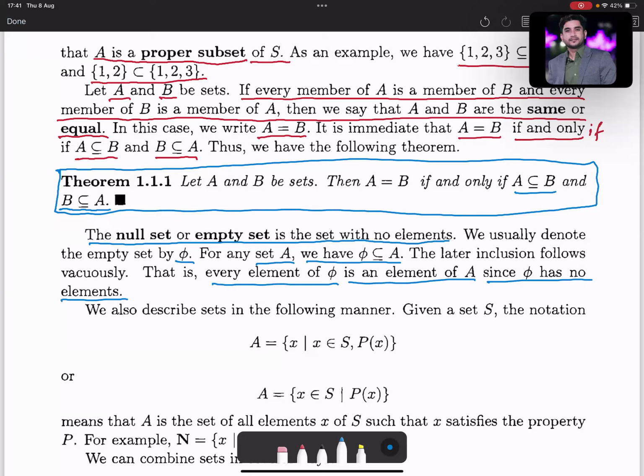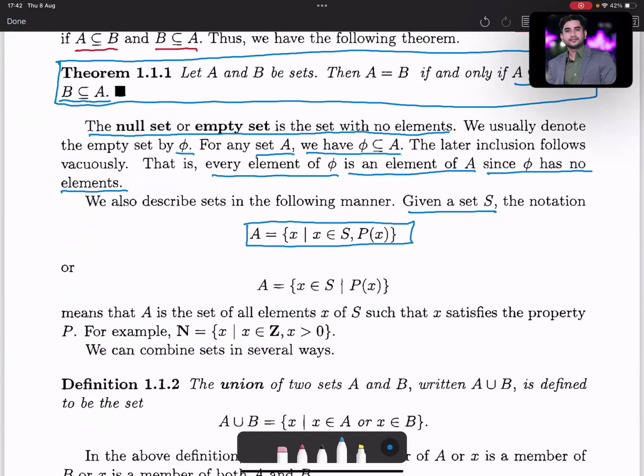We also describe sets in the following manner. Consider the notation: A = {x such that x is inside set S, comma, p of x}, or you can say x is inside S such that p of x. This means that A is the set of all elements x of S such that x satisfies the property P. And that property can be anything.